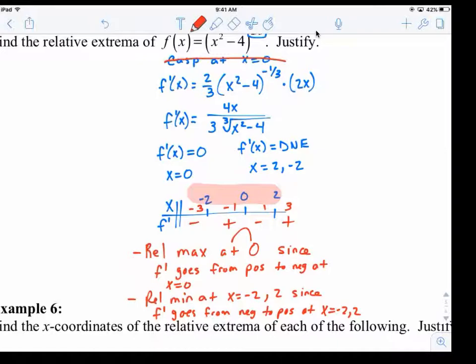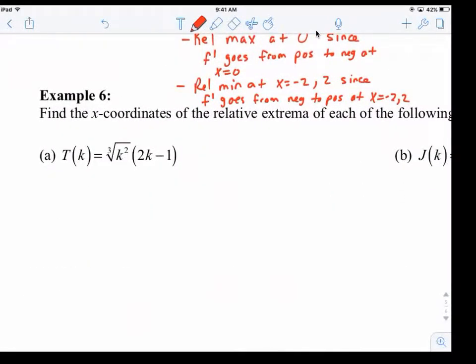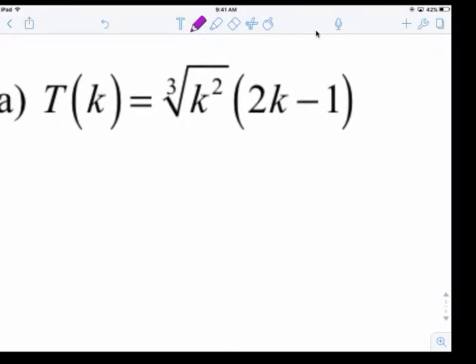Okay, 6a says find the x coordinates for relative extrema for each of the following. All right, so you got the cube root of k squared times 2k minus 1. So we can do it two ways. We can do it either product rule or we can distribute.